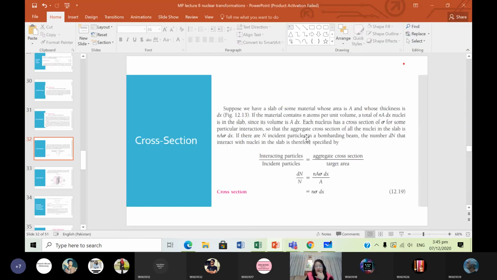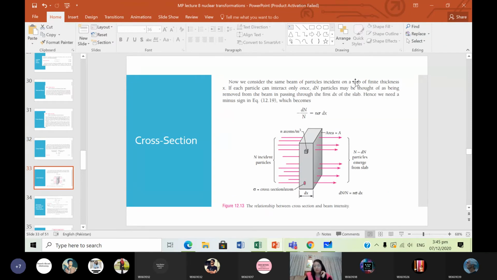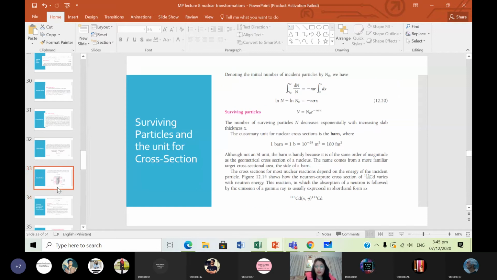So basically we have this equation for dN by N, the fraction of the interacting particles divided by incident particles, which will be equal to N, the number of atoms per unit volume of the slab material, times sigma dx.